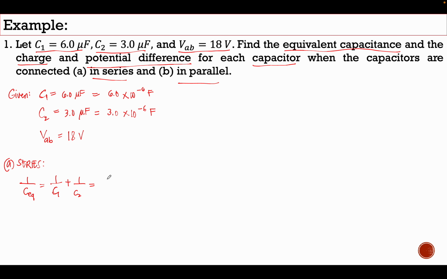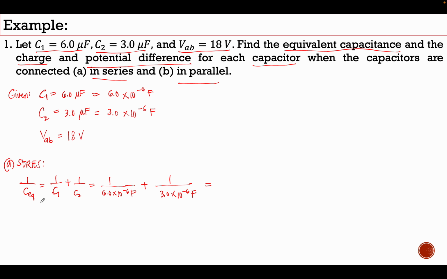So we have 1 over 6 times 10 to the power of negative 6 farad plus 1 over 3 times 10 to the power of negative 6 farad. If we want to get the sum, we have 1 over 6 times 10 to the power of negative 6 plus 1 over 3 times 10 to the power of negative 6. It is equal to 500,000.